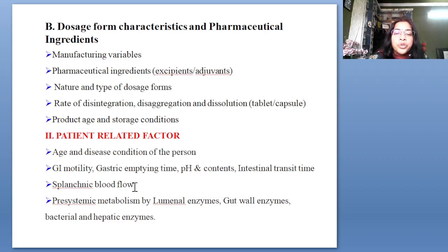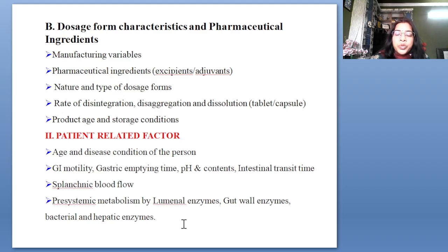Then perfusion rate or mesenteric blood flow, if it is higher, then absorption is fast. Another factor is pre-systemic metabolism. Metabolism of drugs generally starts when the drug reaches systemic circulation, that is, into the blood. But before that, metabolism may get started by luminal enzymes or gut wall enzymes or some of the bacteria present inside the gut and some hepatic enzymes.